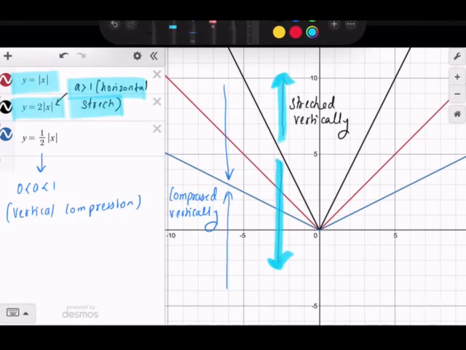And if this value is between 0 and 1, then we call this a vertical compression, like we have compressed the red curve. The red curve is now compressed vertically, so it will look like the blue curve. So that's what we call stretch or compression.